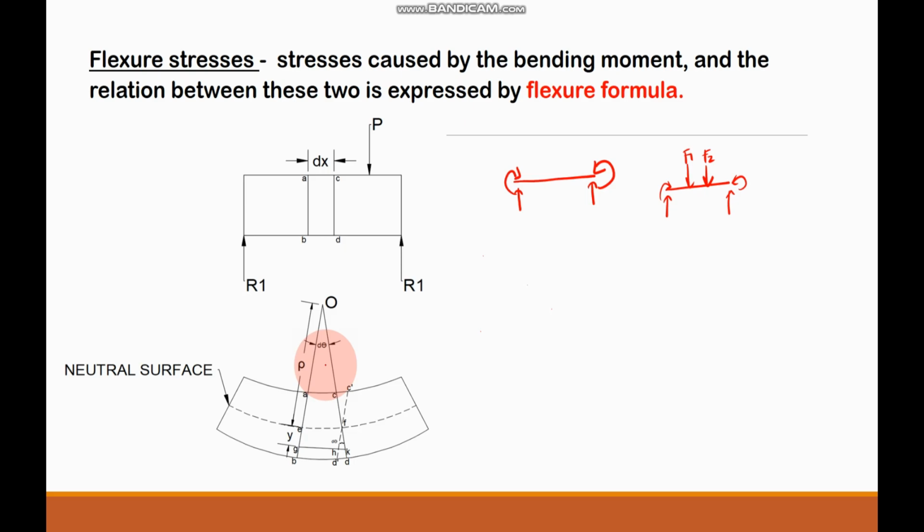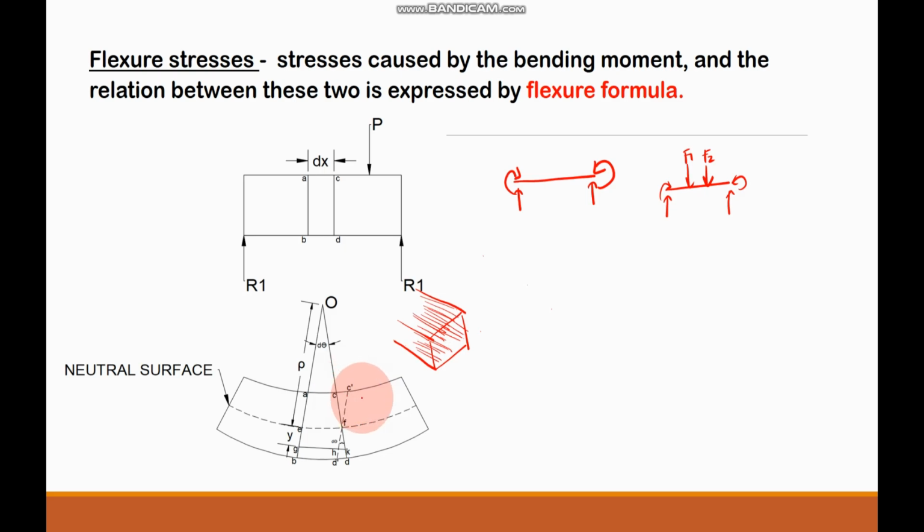So, yung assumption 1 natin, that the plane sections of the beam remain plane. So, by the way, let us assume that our beam is composed of fibers. So, we have here our beam, and our beam is composed of many fibers. Yan. So, assume natin na it is composed of many fibers.